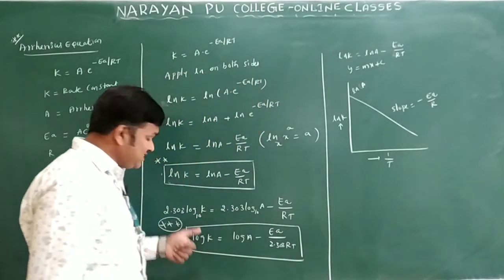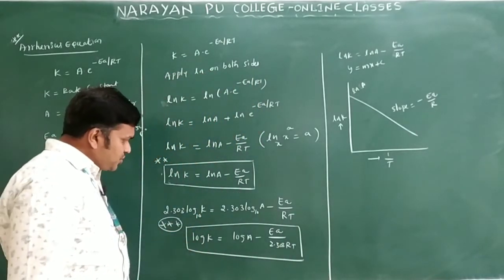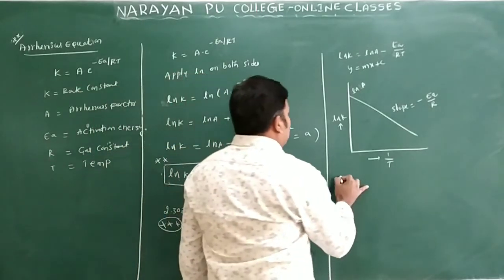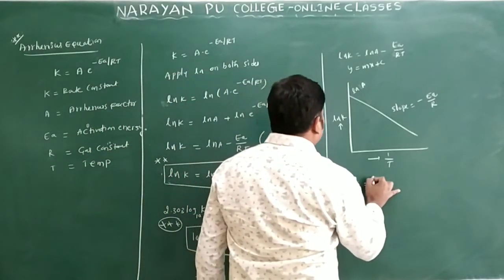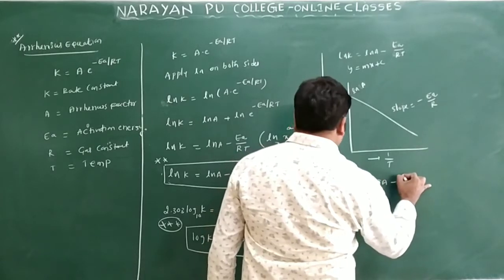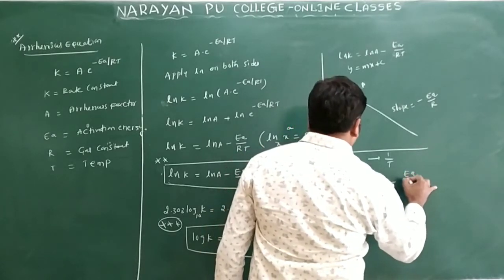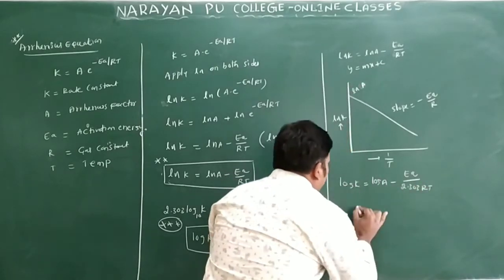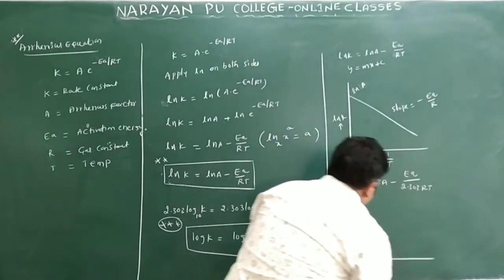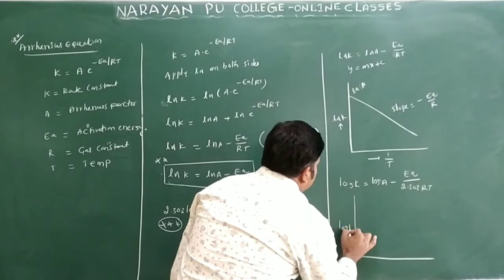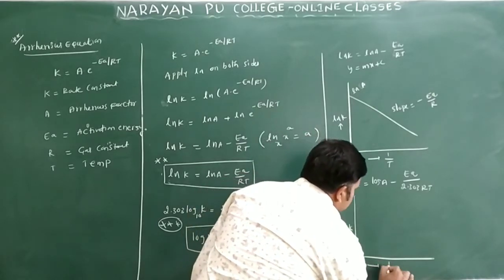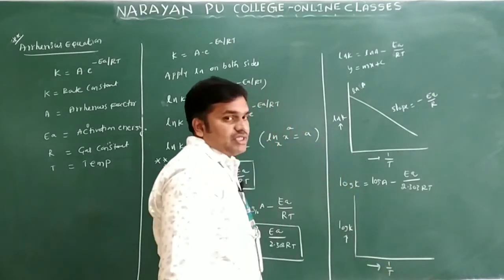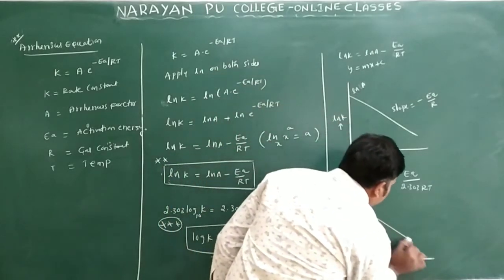Now suppose you are taking the equation log k is equal to log A minus EA by 2.303 RT. Suppose you want to draw the graph. You can draw log k versus 1 by T. Here also we get a negative slope.